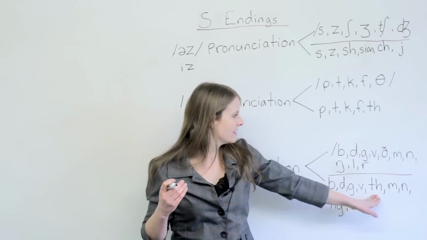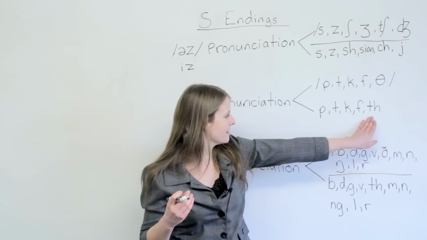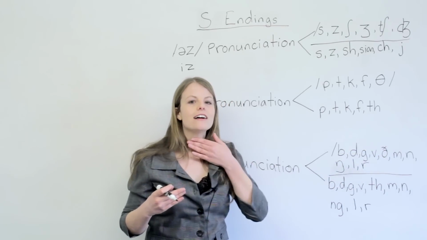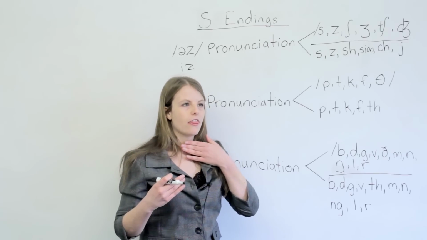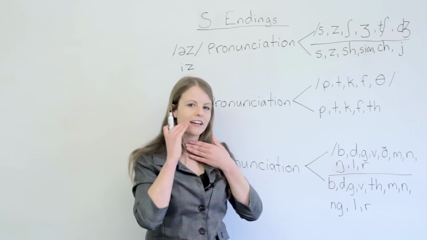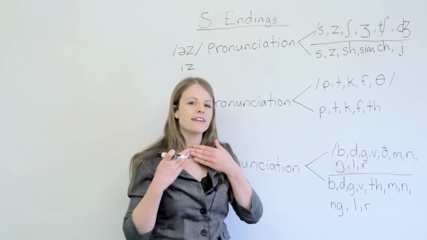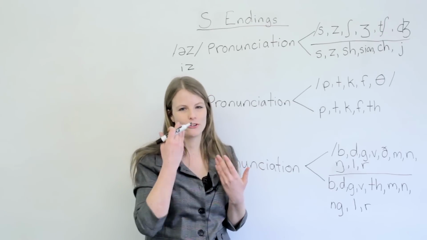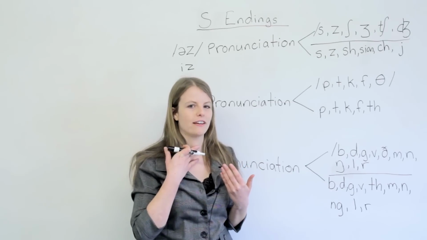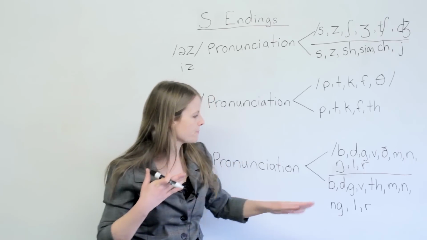TH, again. The difference with these two THs is with one TH, you don't feel a vibration. So it comes from the mouth, while the other one, it's very similar. Your mouth's in the same position. It comes from the throat.